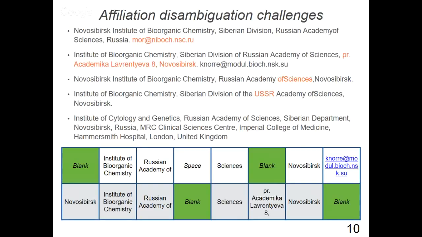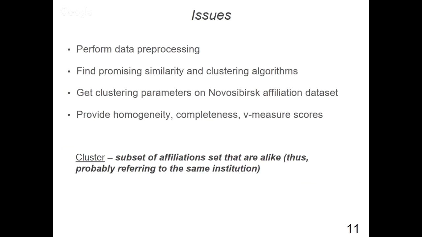Although there are some mistakes, some emails, maybe some addresses, you can see in this table that some common parts exist in both names, for example, Institute of Bioorganic Chemistry, Russian Academy of Sciences, Novosibirsk. So we can try to extract these common parts to disambiguate affiliations.